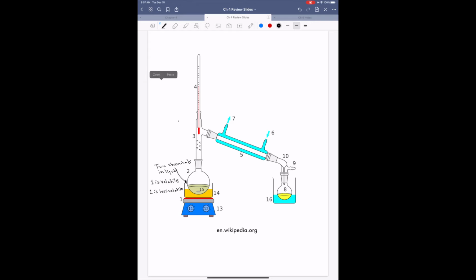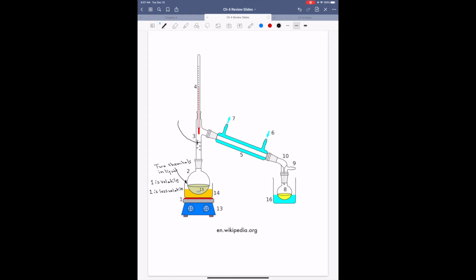And so in here, above the liquid, we have a headspace that's filled with a vapor. Now, this vapor is not going to have the same concentration or the same mole fractions as the liquid. And that's because when things evaporate, the chemical that is more volatile will be more likely to evaporate than the chemical that is less volatile.